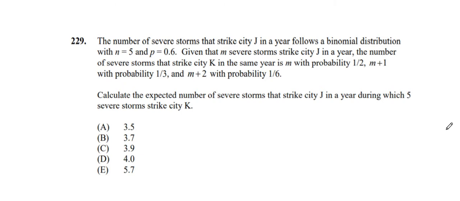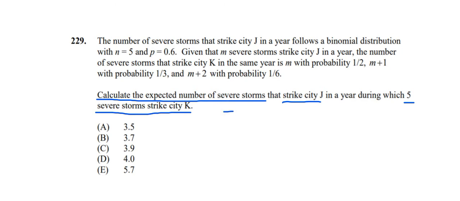So this problem, we need to take some time. At first, what we wanted to do is calculate the expected number of severe storms that strike city J in a year during which five severe storms strike city K. So this is also a conditional expectation, right?